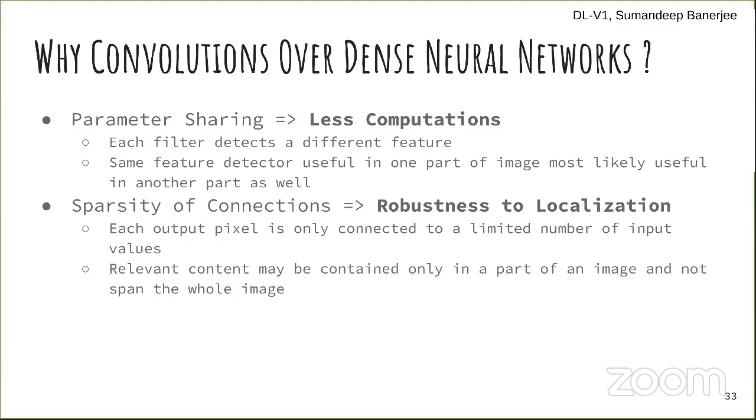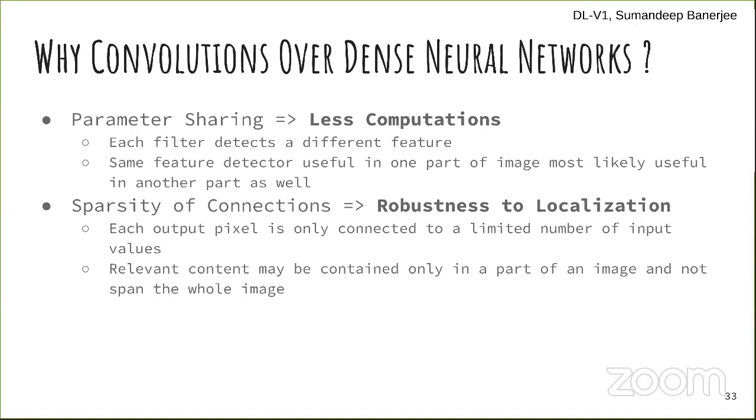It has nothing to do with any other pixels which may be far away from that location. So these are the two primary things. One, we get a lot of reduced computations and reduced parameters due to parameter sharing. And we also introduce robustness, which has the effect of regularization and prevention of overfitting.